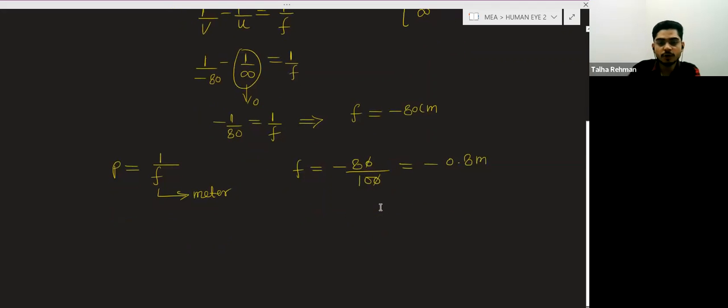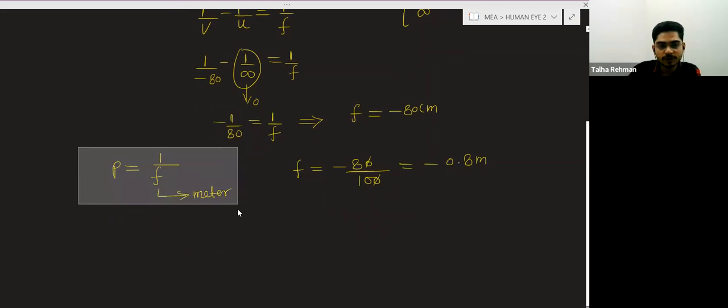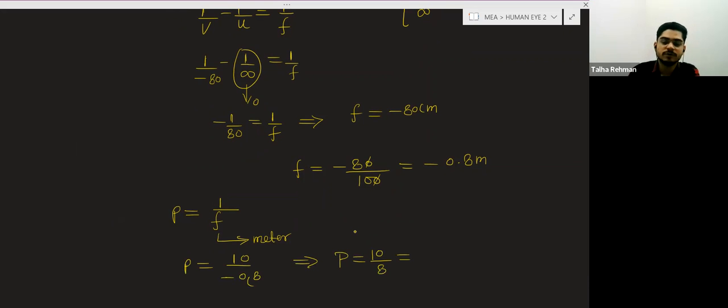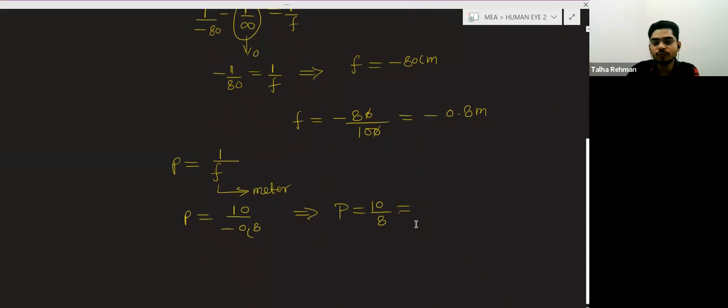Now put the value in the power formula. P is equal to 1 by f, P is equal to 1 upon minus 0.8. So basically what will be the power? 10 by 8, means 5 by 4, means 1.25 diopter.